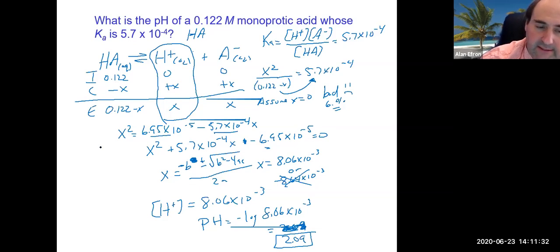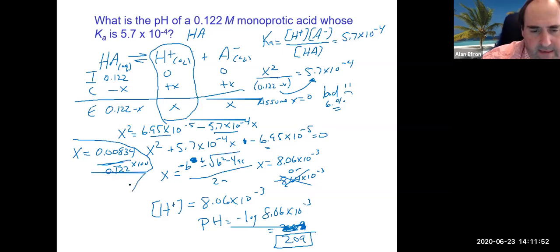And if we did our assumption, the X value we would get was 0.00834. And we would take that and divide it by what we were going to subtract it from, which is 0.122, and times it by 100. If you did that, you get 6.8%, something like that.